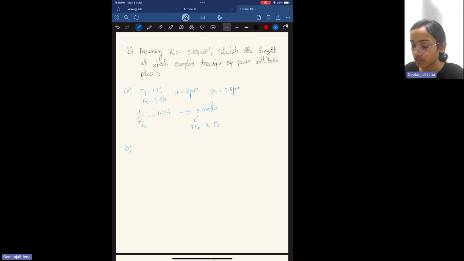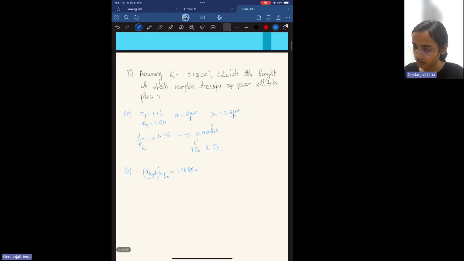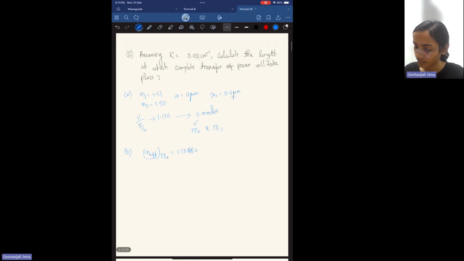In the second part, the effective refractive indices of TE0 and TE1 were given. For TE0 it was 1.50862, and for TE1 it was 1.5046.